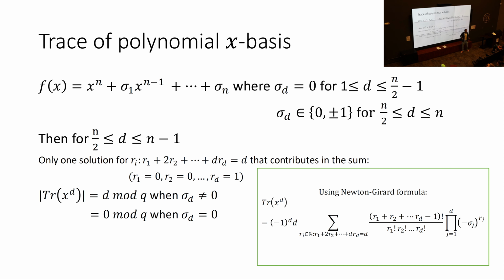So the only way you can have a solution is when this value is 1 and 0 elsewhere. So the trace of powers of x is something like plus or minus d. So you know the trace in absolute value. It's going to be d when the corresponding symmetric polynomial is non-zero. But if it's 0, it's not going to contribute again, so it's going to be 0.